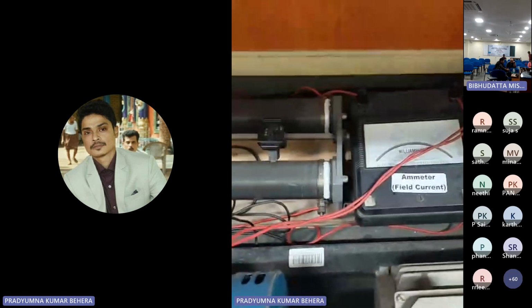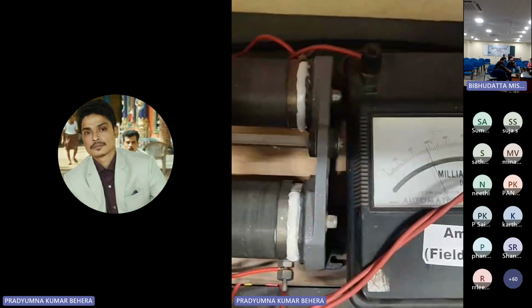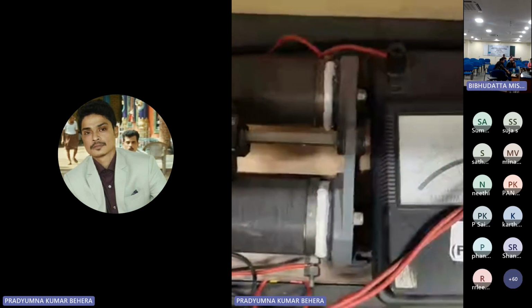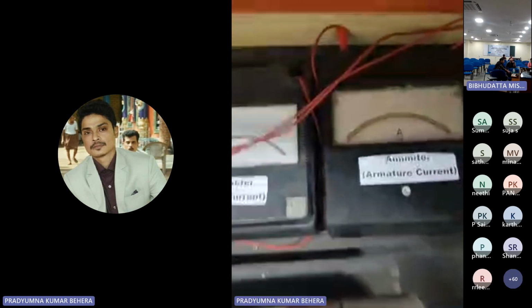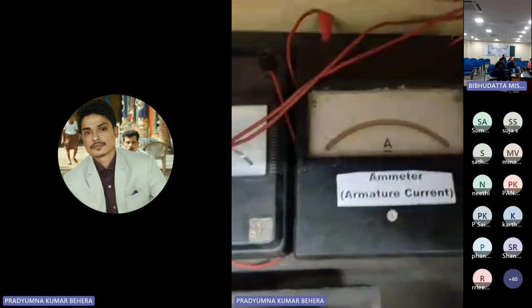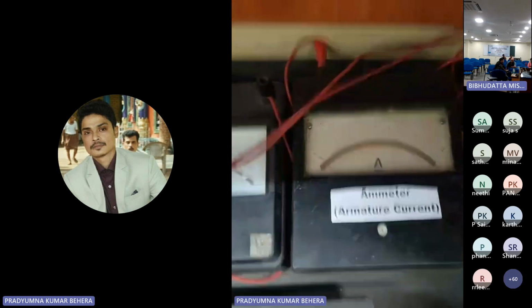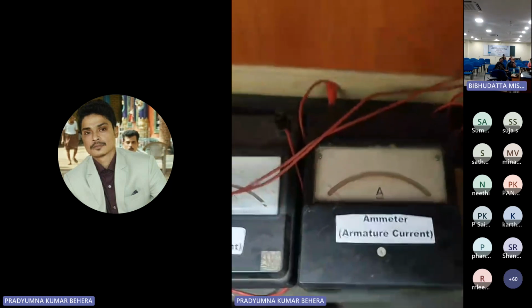The first ammeter is measuring the field current. You can see the field current is set at the rated value, that is around 0.3 ampere. The second ammeter is kept for measuring the armature current, for visualizing the armature current in real time.